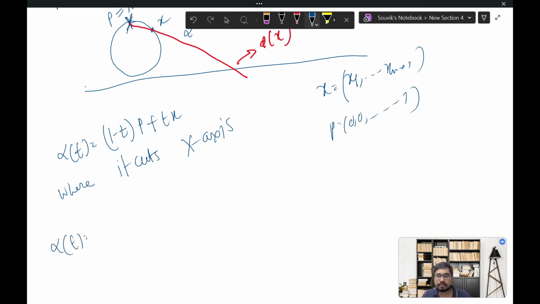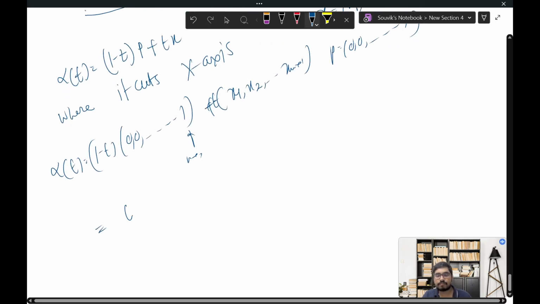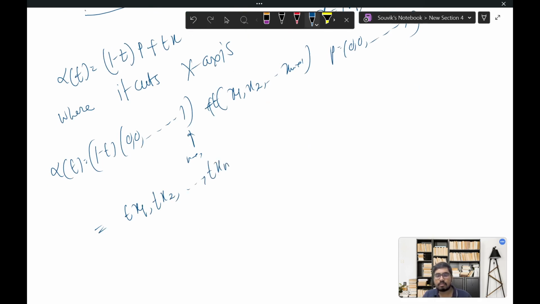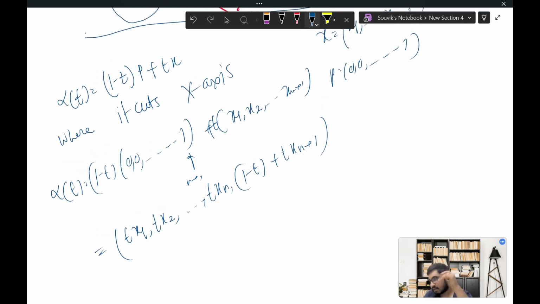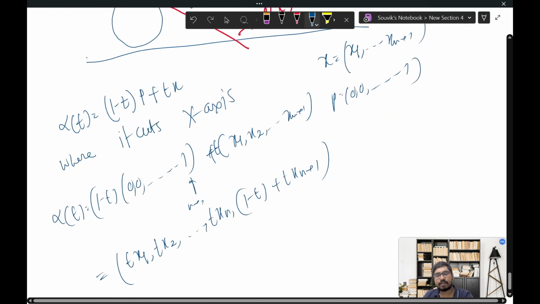So alpha t is equal to (1 minus t) times (0, 0, ..., 0, 1), the (n+1)th term, plus t times (x1, x2, ..., x_{n+1}). So this will be (t x1, t x2, ..., t xn, 1 minus t plus t x_{n+1}). This means we look for the point where z equals 0.